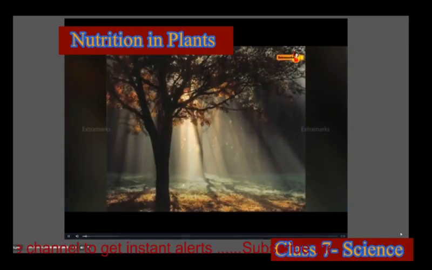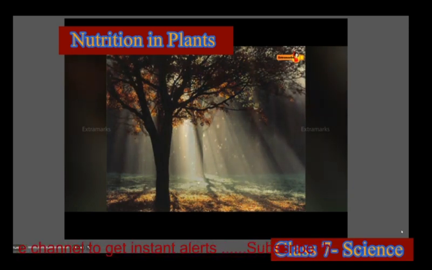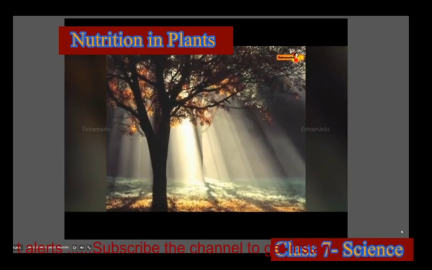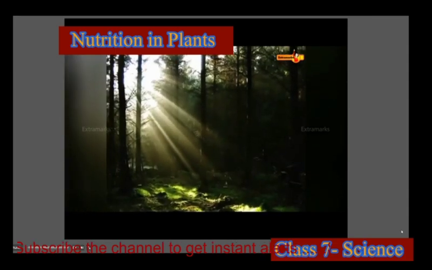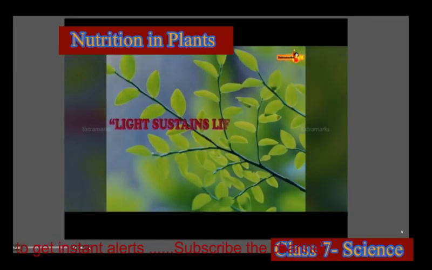You often see green plants around you, but have you ever wondered how do they survive? From where do they obtain energy to uphold life? Plants absorb energy from various sources, but ultimately all the energy required to sustain life comes from the sun.